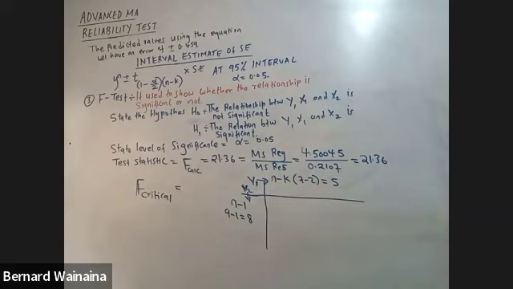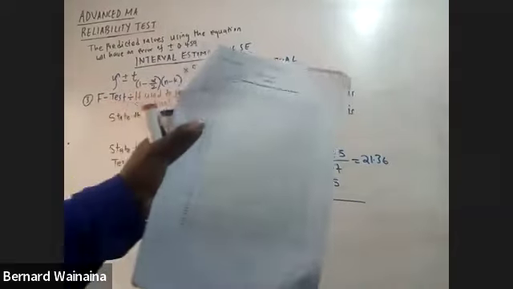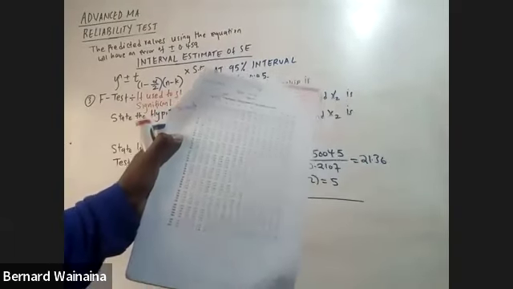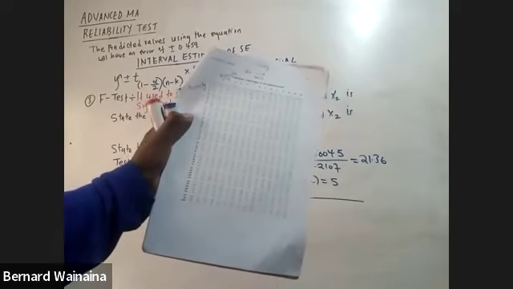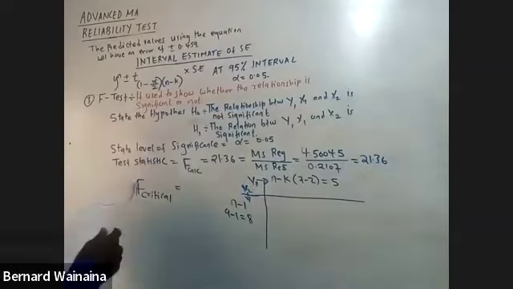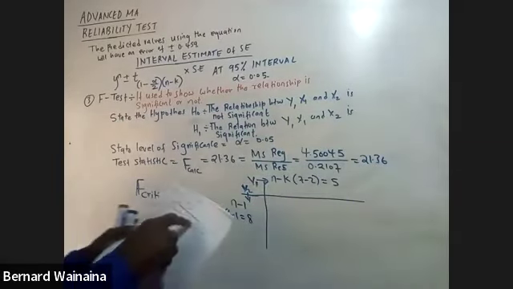Mimi niko na hii. So that one is mine. So ukiangalia hapo juu kwa hiyo table, we have the V1 inaenda hivyo, and for 5% significance level.